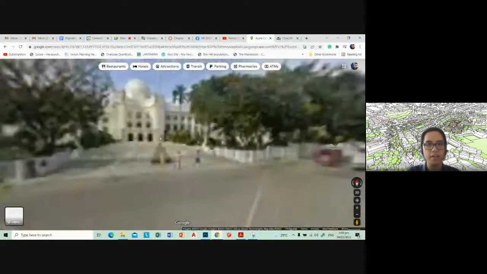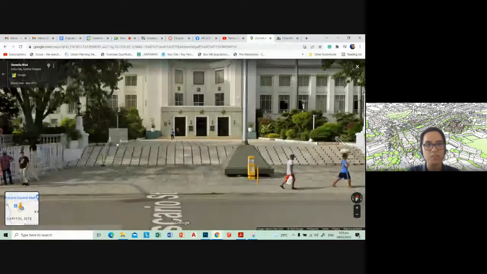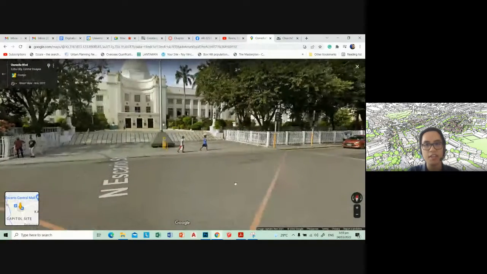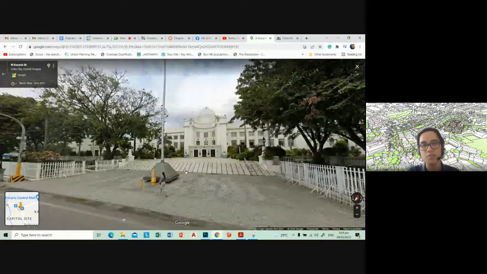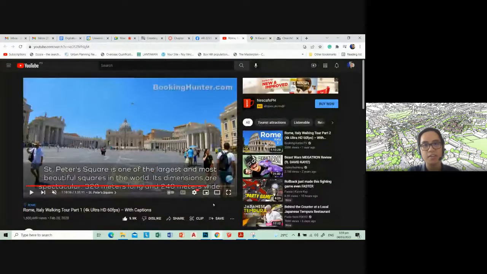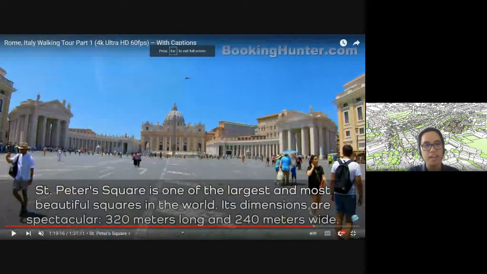And then this technically is a plaza space over here. And the only thing that kind of makes it unattractive is that there's nothing to do here. Whereas, for example, here in Rome, the building itself becomes the destination point, the highlight of the space.